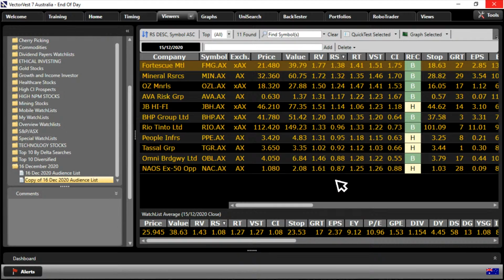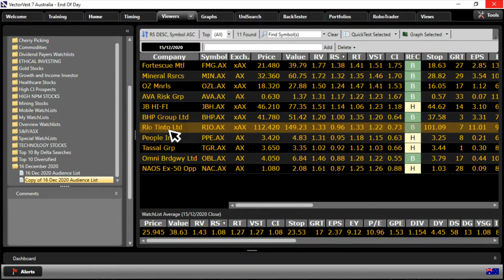But the question I've got to ask myself is, why do I want to be hanging on to companies where relative safety is below 1? Now, Rio Tinto is doing a great job with its earnings at the moment. It's growing rapidly on its earnings, again, thanks to iron ore spot prices, etc.